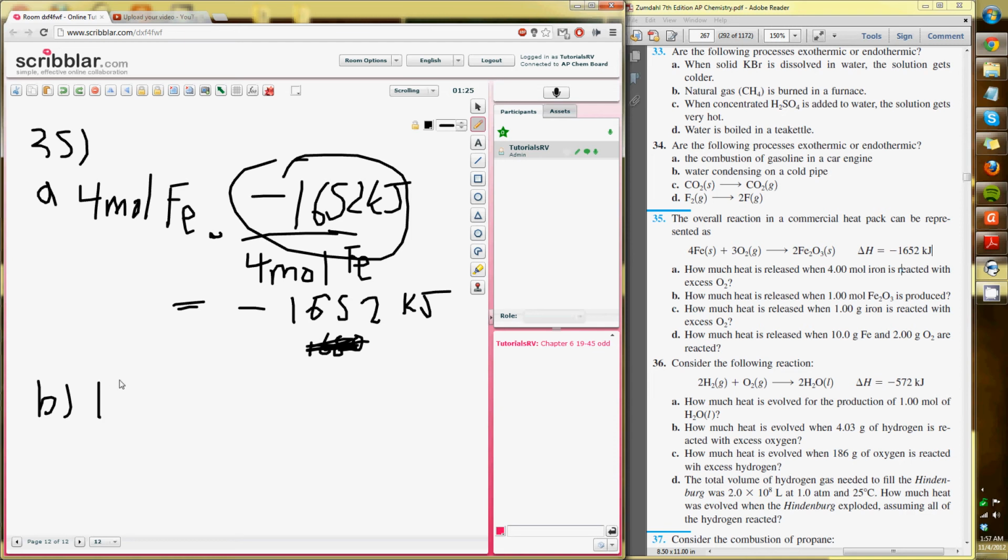B, you just do the same process. Fe, Fe2O3. Same process, 2 moles of this.